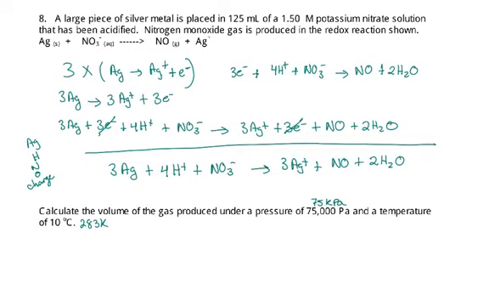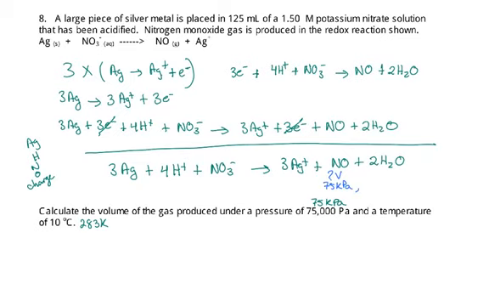So that's good. So let's look at what the question is really asking again. We want to calculate the volume of the gas produced, so that would be NO gas. So we're looking for the volume. We know that it's at 75 kPa.